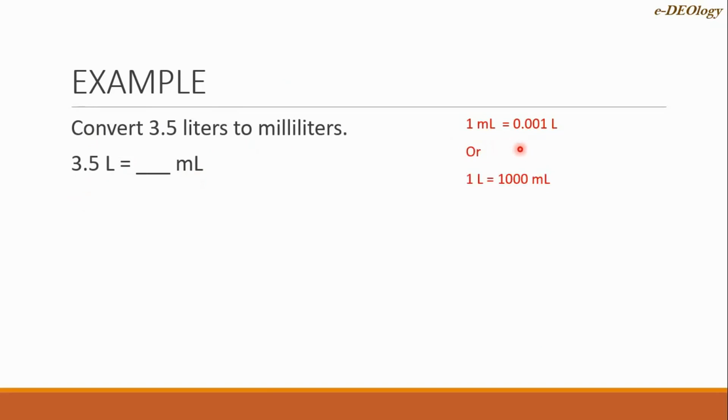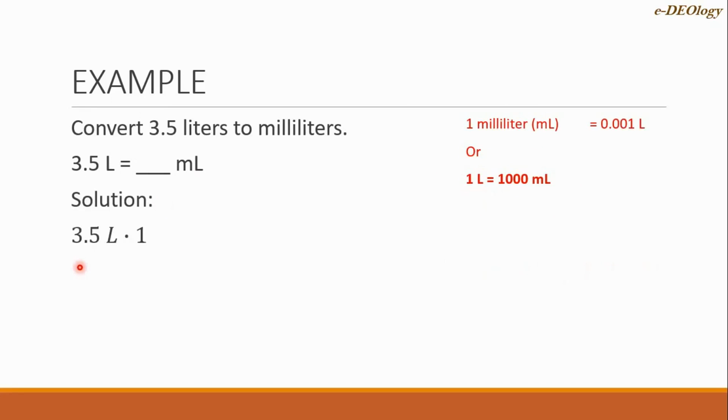Or there is another equation that says 1 liter equals 1000 mL. So there is a suggestion for easier computation. Use the formula that has no decimal. So we're going to use the second formula.